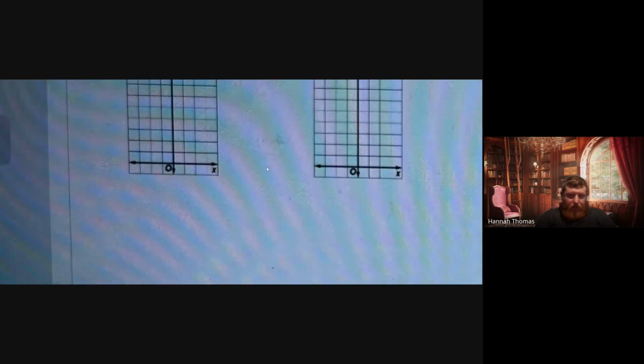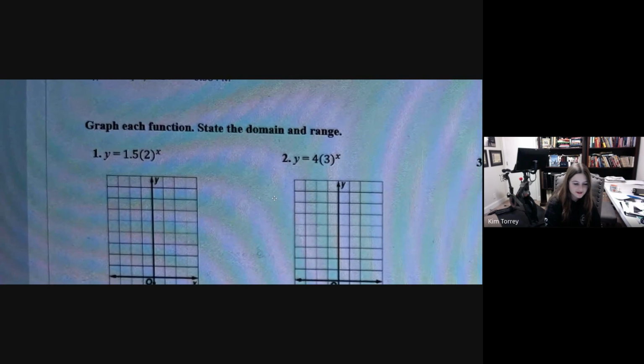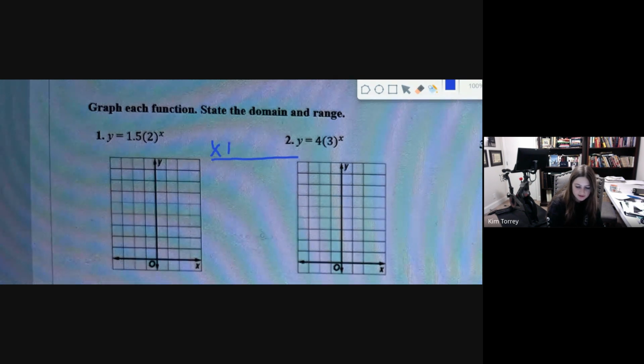All right, so 7.1 was some graphs. Can I see if I remember how to? Yes. Okay, so you would do x, and then 1.5 times 2 to the x in parentheses, and then y.